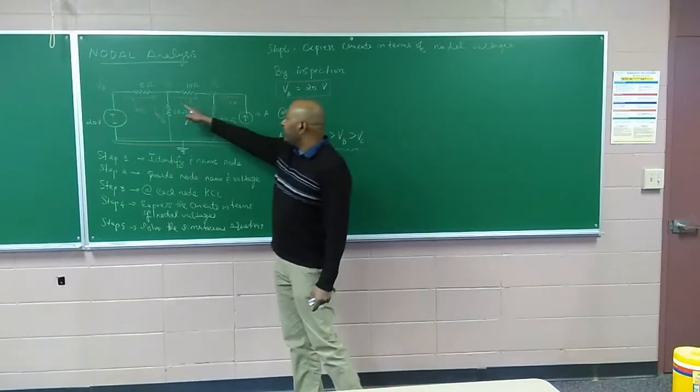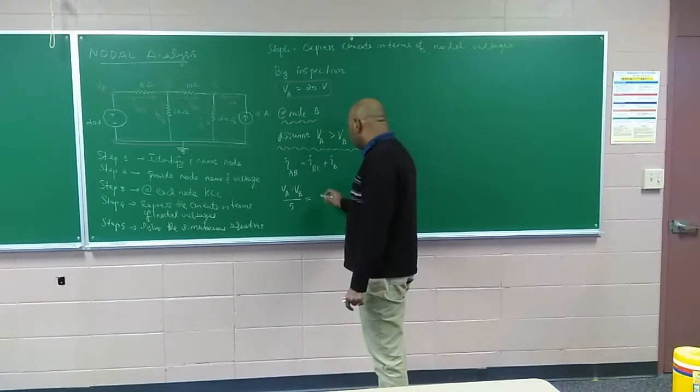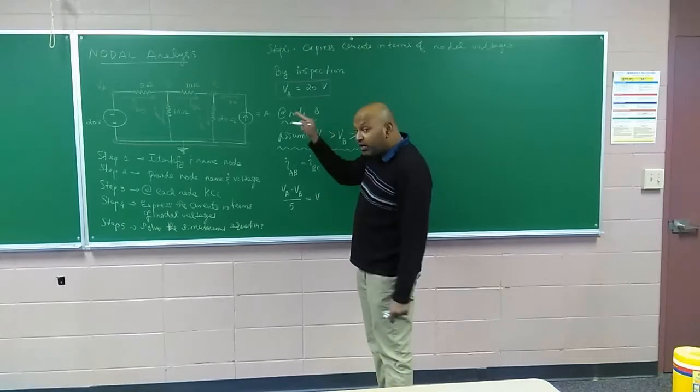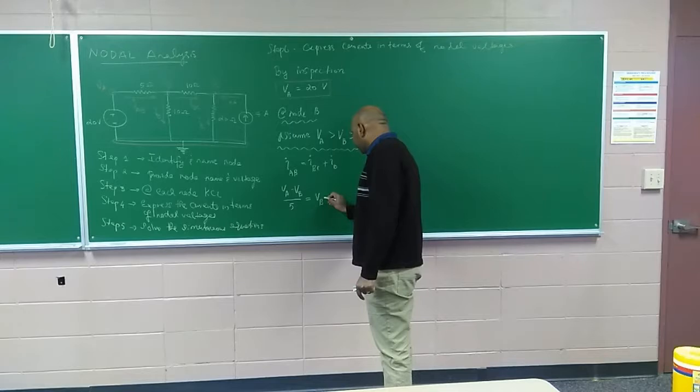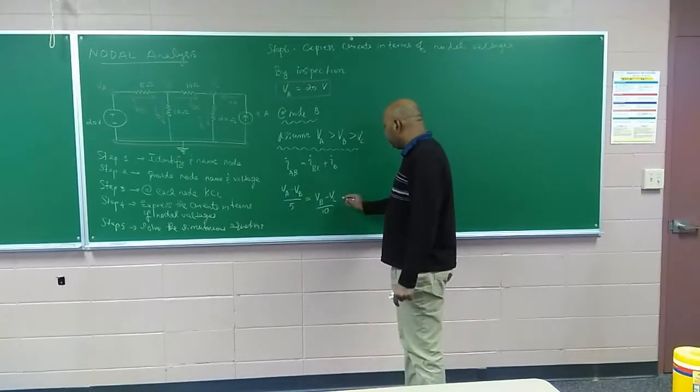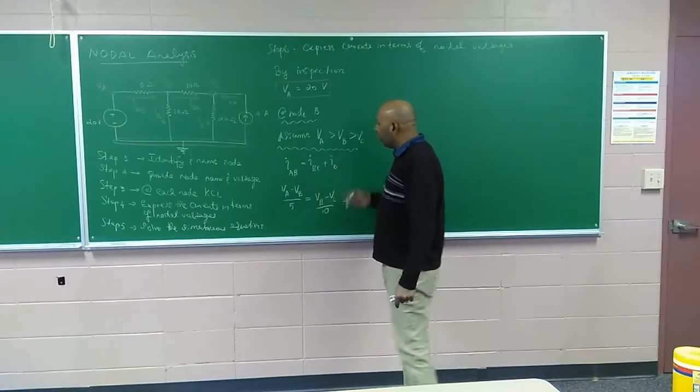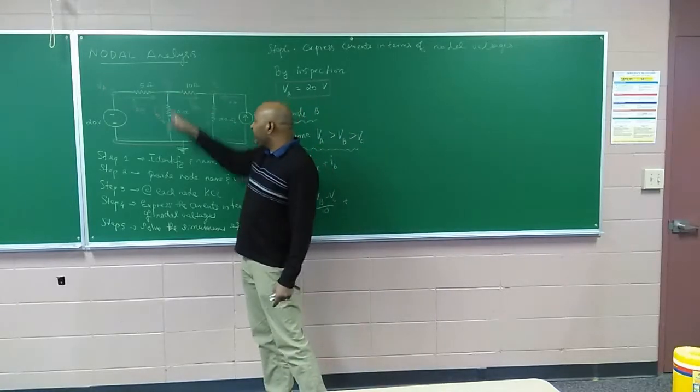IBC, which is the current between nodes B and C, can be written as the voltage difference across the horizontal 10 ohm resistor, so VB minus VC divided by 10, plus IB, which is the current flowing from node B to ground.